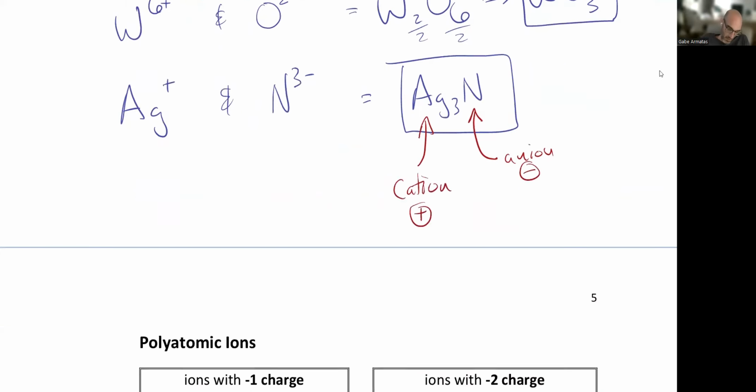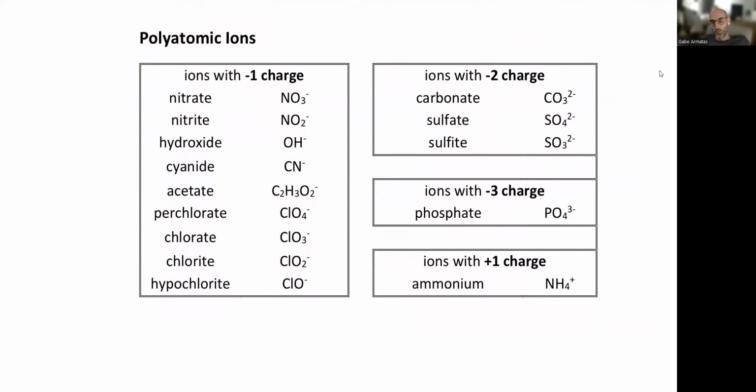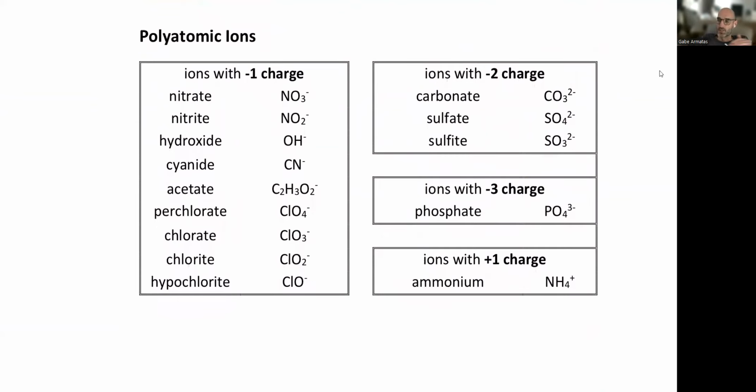All right, good. So with our discussion about ions, I said group 1's plus 1, group 2's plus 2, group 17's minus 1, and so on and so forth. There is a special class of ions called polyatomic ions. They seem more complex and complicated, but they're really not.